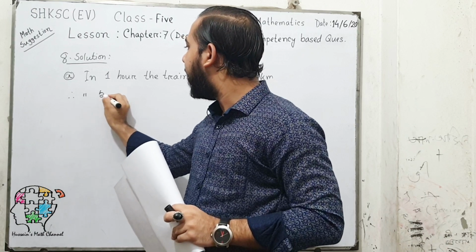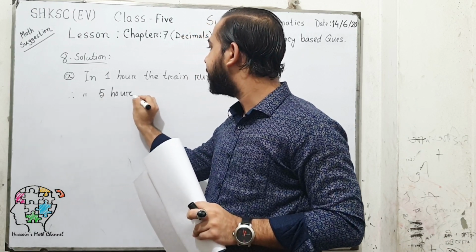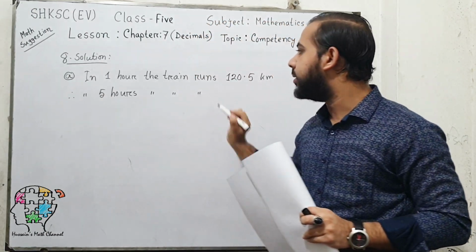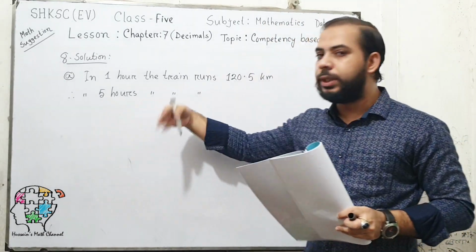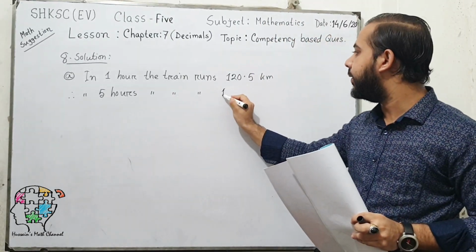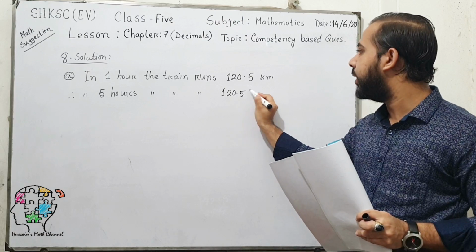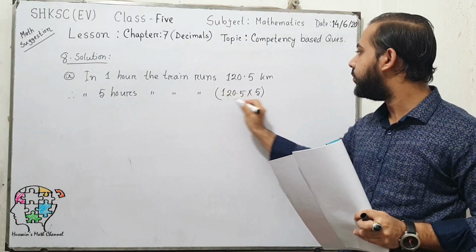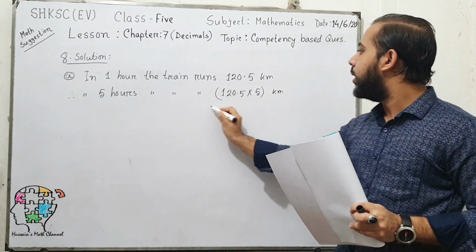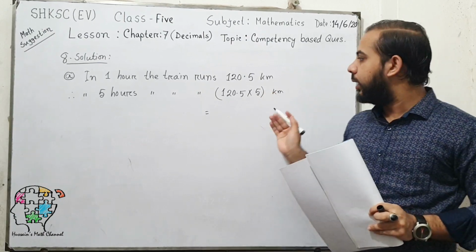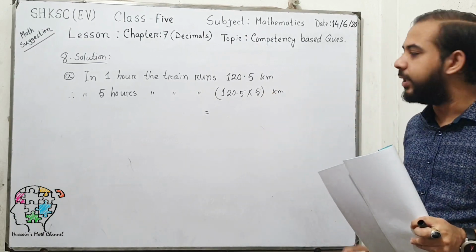Therefore, in 5 hours the train will run more, so we have to multiply 120.5 times 5 km. We can multiply without doing rough work here.